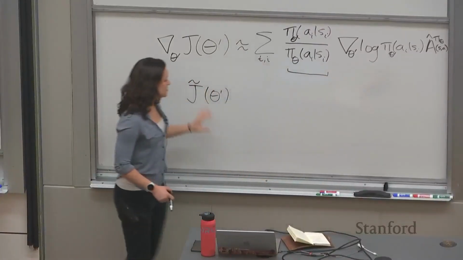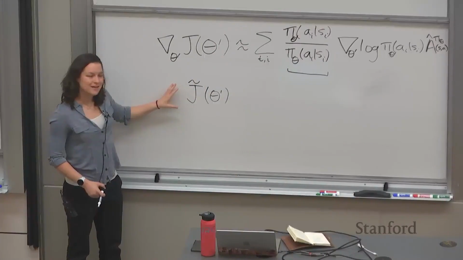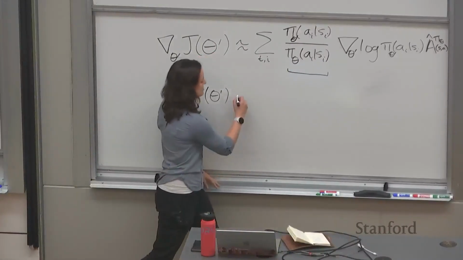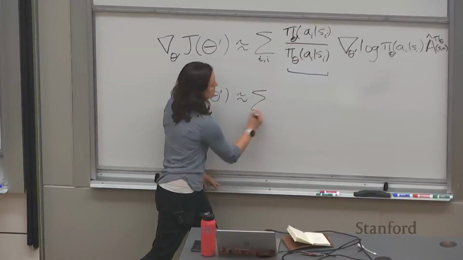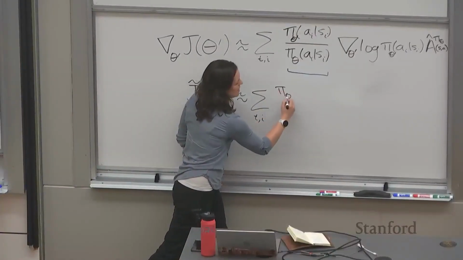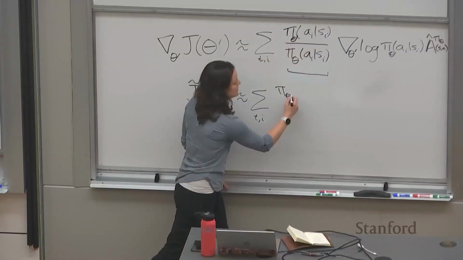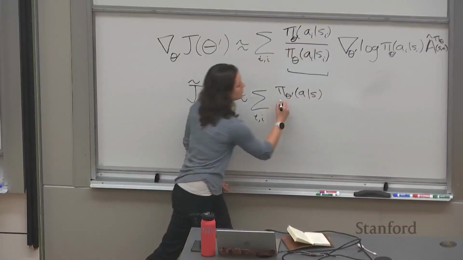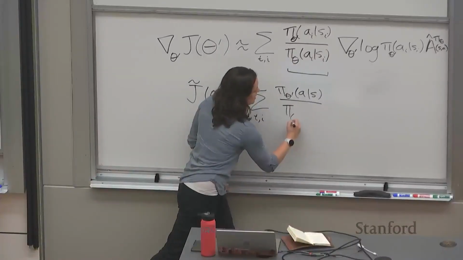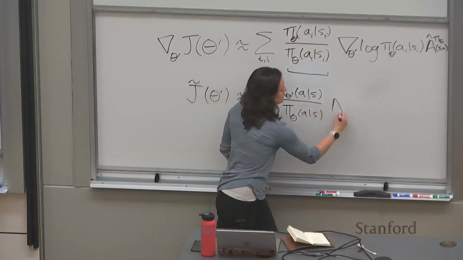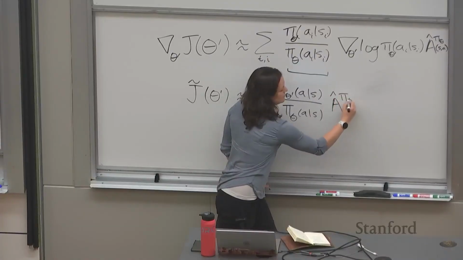And if we want to construct a surrogate objective such that its gradient is this, then the surrogate objective is simply going to be, we can replace this with pi theta of A given S. And then we'll still have the other terms, pi theta and the advantage right here.